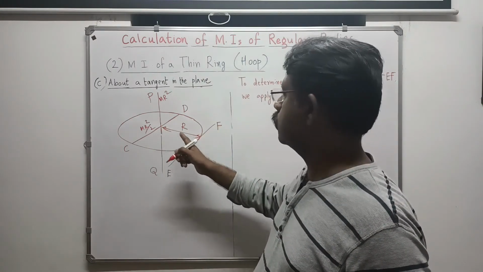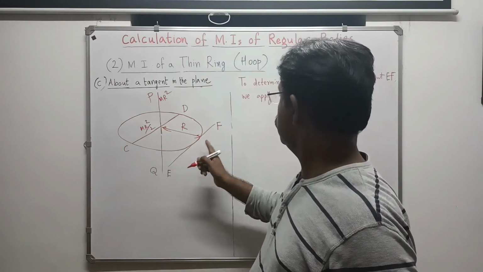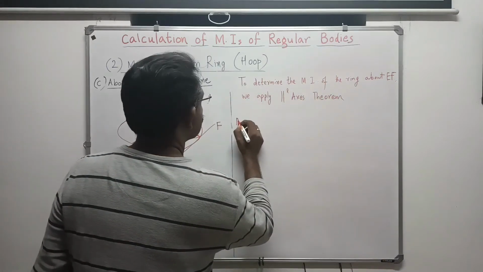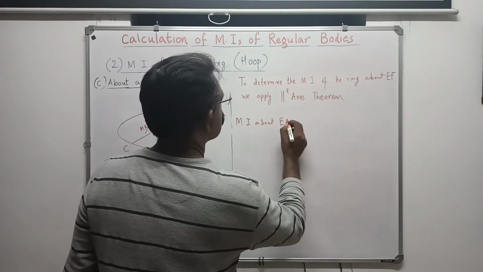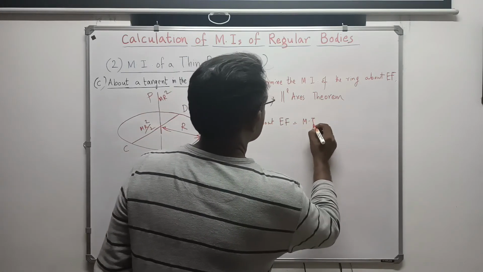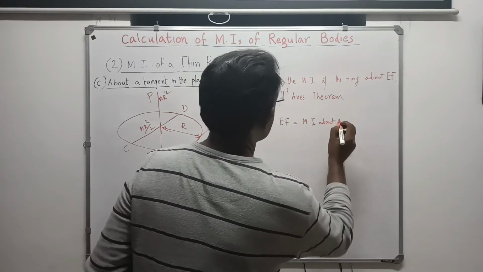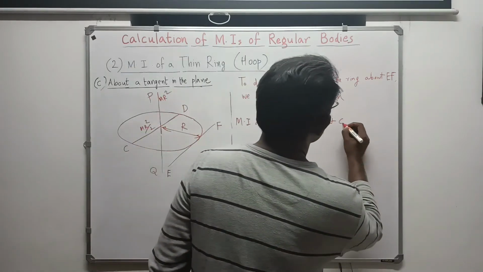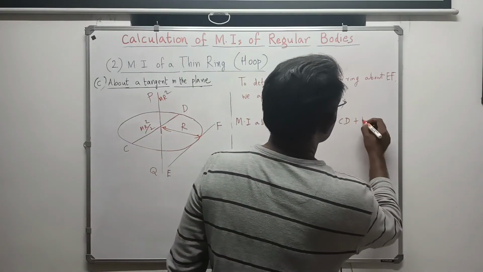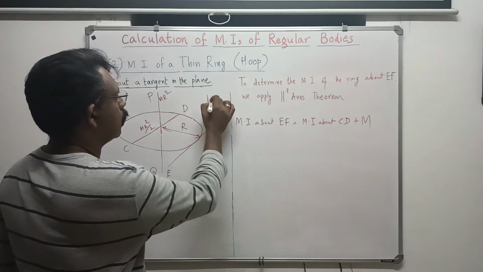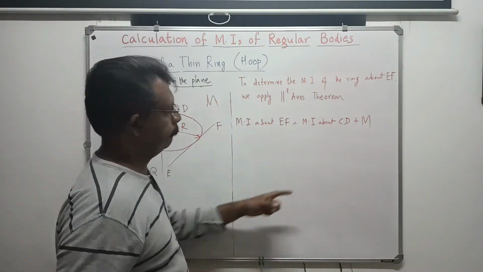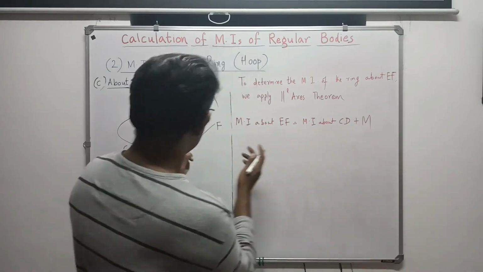So I can write the moment of inertia about EF will be equal to the MI about CD plus the mass of the ring, which I have taken to be capital M, into the square of the distance between these two.